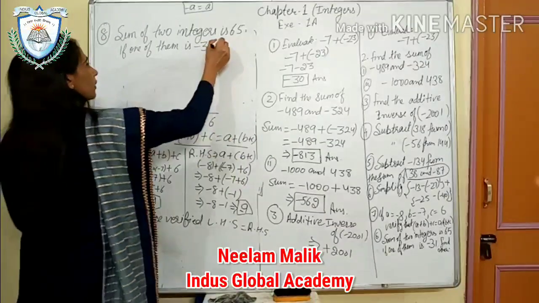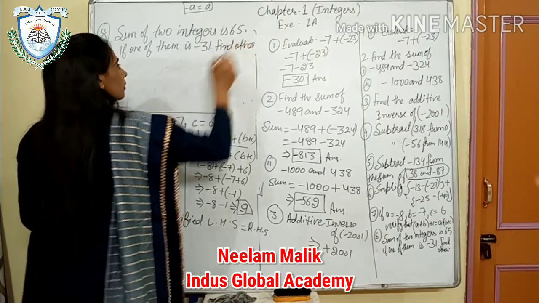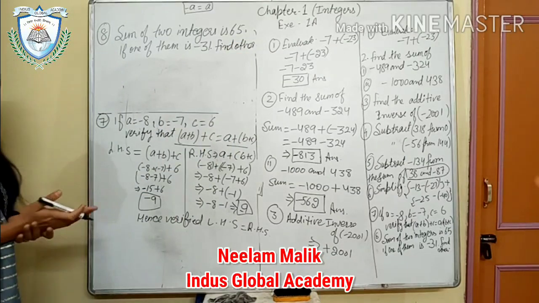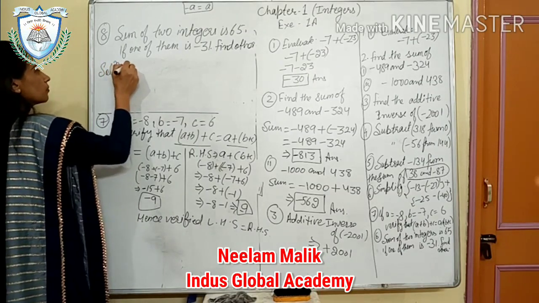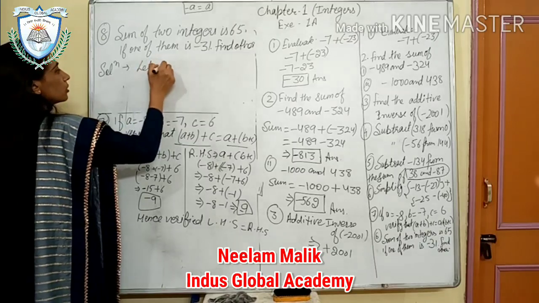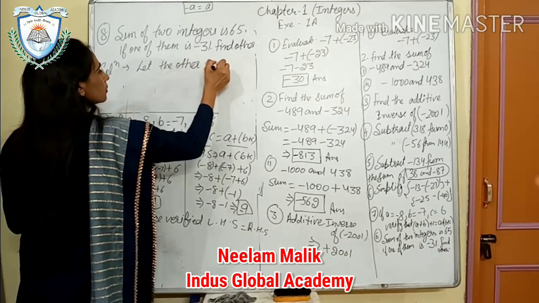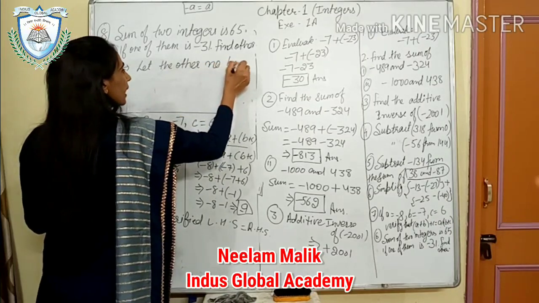What do we have to do? Find the other. So we will let the other number be x. X means any variable. Let the other integer, or other number, be x.